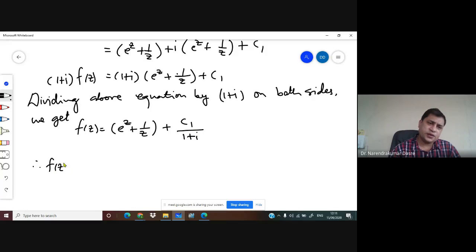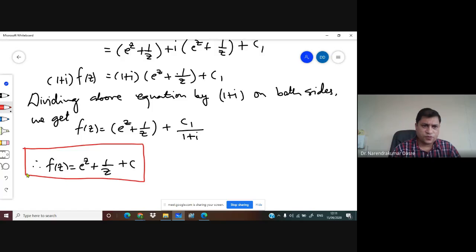And hence I can write f of z is equal to e raised to z plus 1 by z plus c.